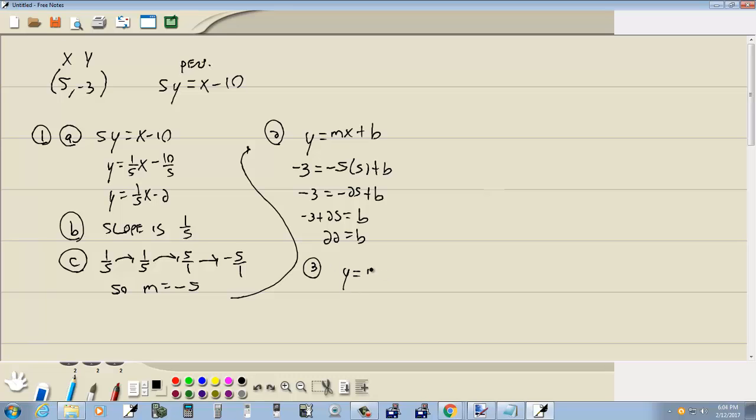Now step 3 is to write our answer. And so we're going to plug in m from step 1c, which is -5. We'll plug in b from step 2, which is 22. And technically this is in function notation form, but I'll pick a notation and say f of x.